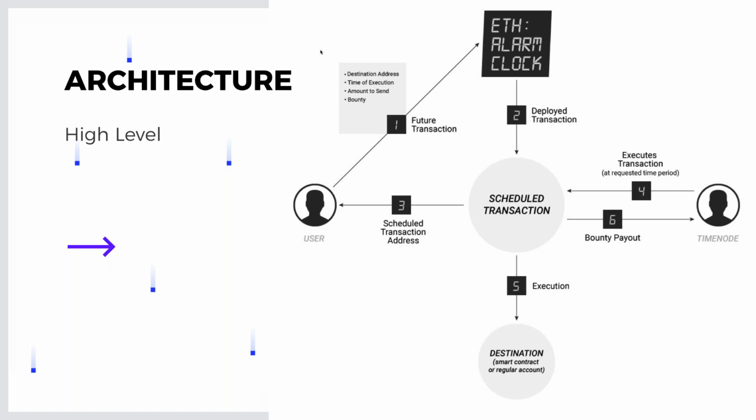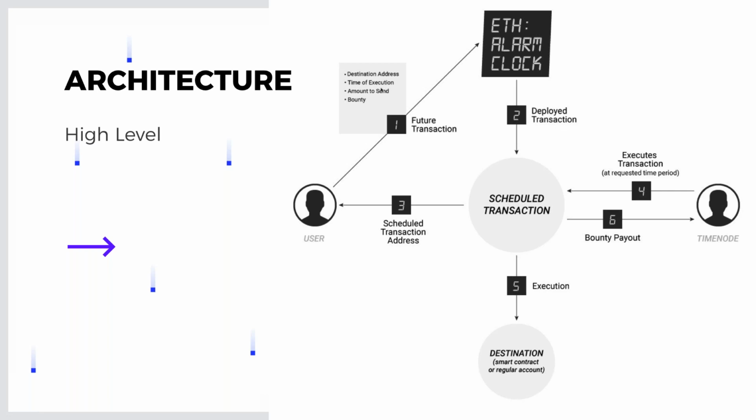Basically, we have a couple of entities in this whole system. The first one is the user. The user's wish is to schedule a transaction at a future point in time and have it run without bothering about it, whether it's a recurring monthly payment or a one-off payment at a specific point in time.